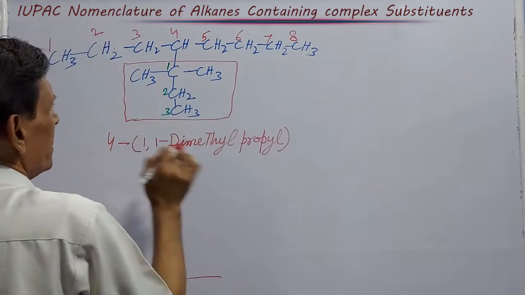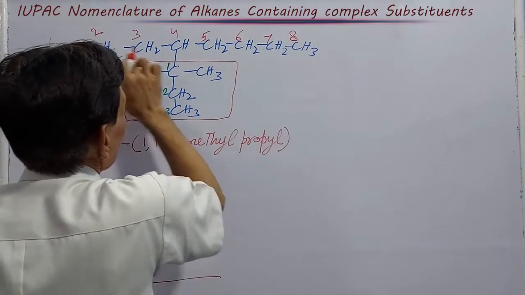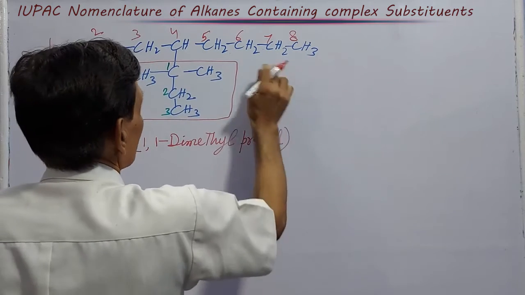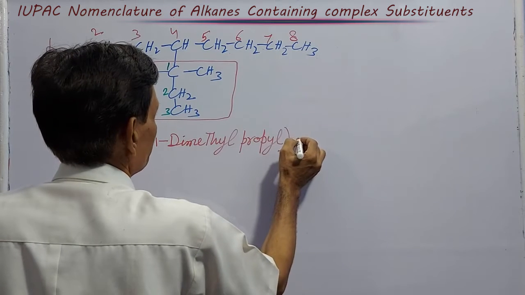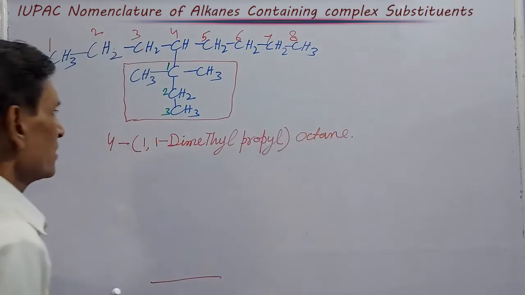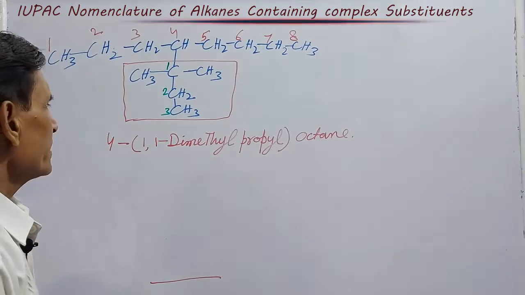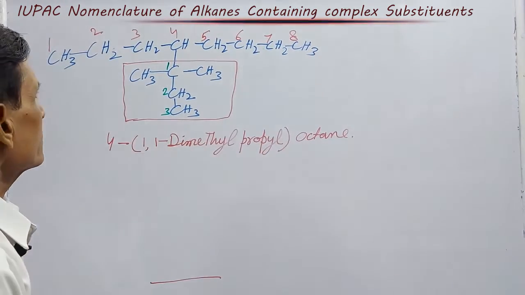Now write the name of the parent chain, which has 8 carbons, so we write octane: (1,1-dimethyl propyl) octane. Like that, we will write the name of the compound.